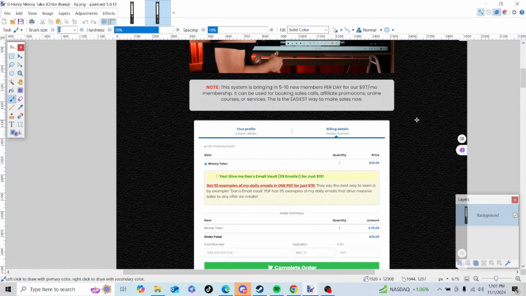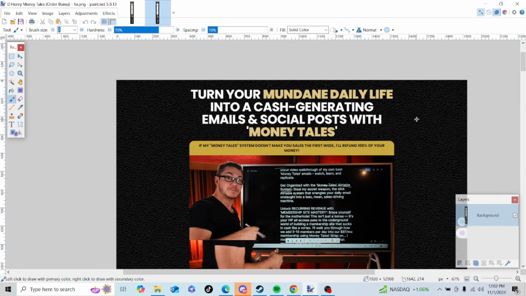Some of them may be beyond the paywall, but a lot of them are going to be like this one, where we'll come up to the paywall and see what they did to get people's attention and get them to the interest level where they're willing to pull out their credit card and put their information in. So that's our first page breakdown that we're going to start doing here, and it is again on Dan Henry's Money Tales. I'm working completely with screenshots here.